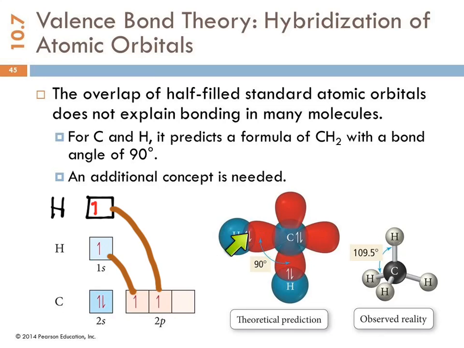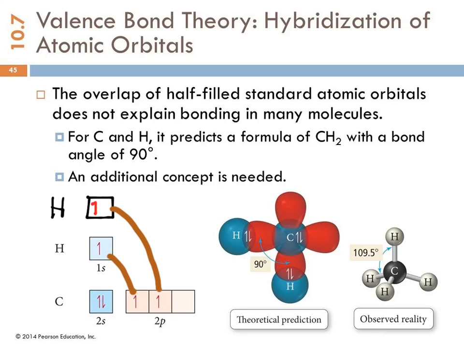So here's one orbital overlapping with hydrogen. Here's another one. Where's the third p orbital? There's 3 of them, right? Where's this third one? It's empty. So the prediction by doing that would be something like this. This is even worse than dihydrogen sulfide, right?